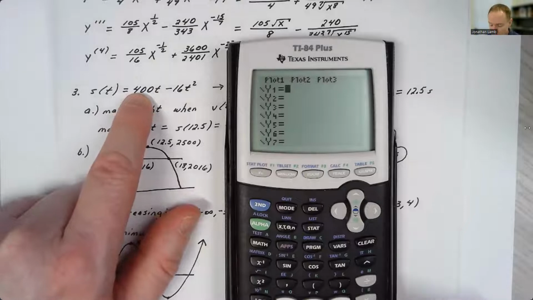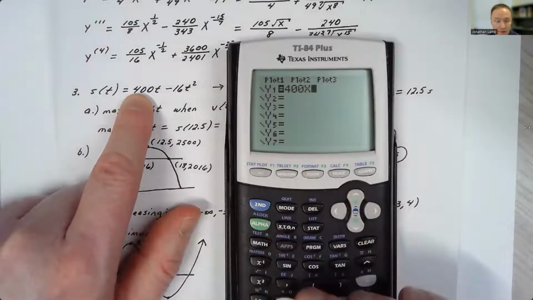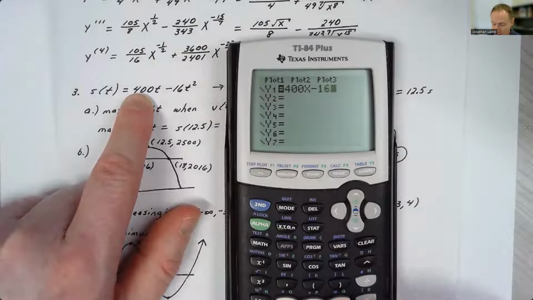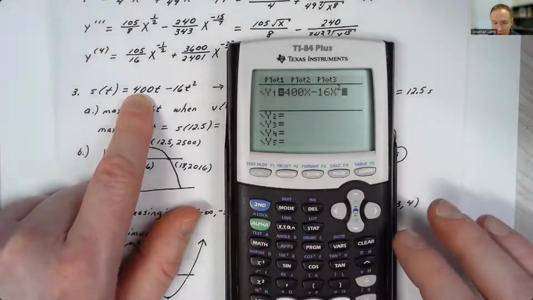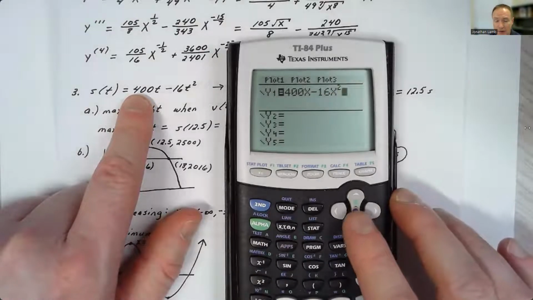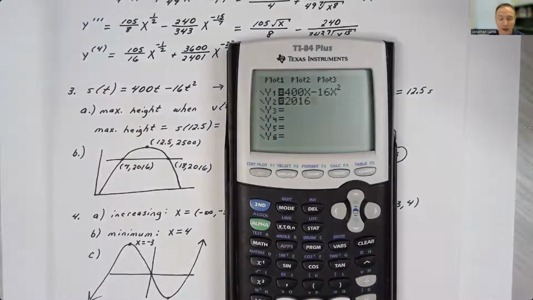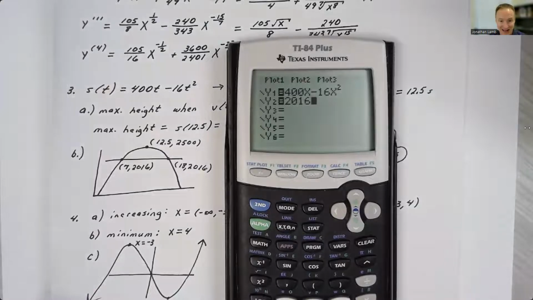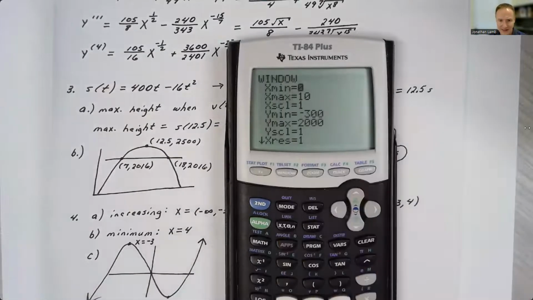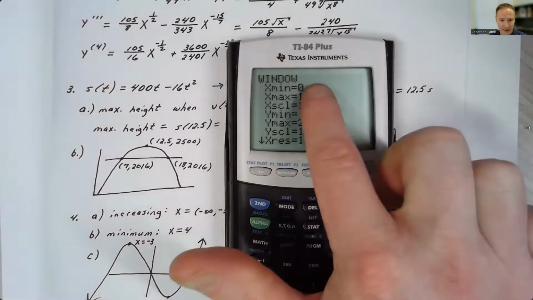Notice I'll just put in 400x and then minus 16x squared. So I'll put the position function in y1. We need to know when is the position 2016 feet. Now, I already know a great graphing screen because x is representing time in this problem. So it doesn't make sense for x to be a negative value.